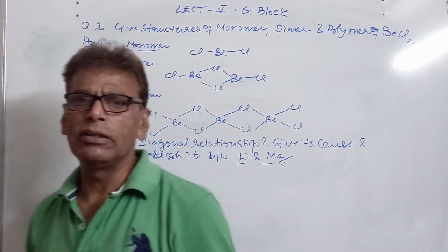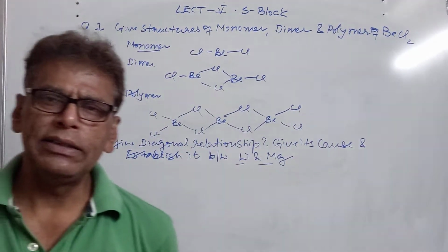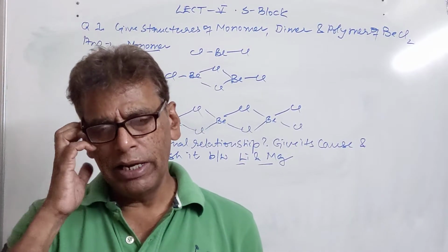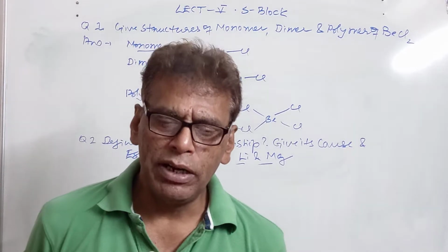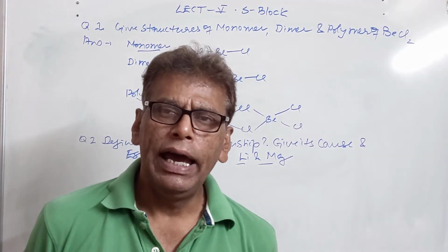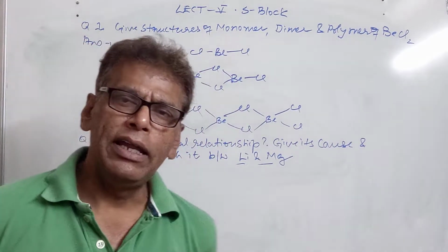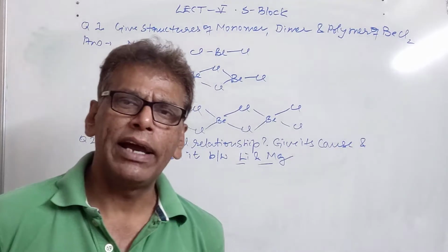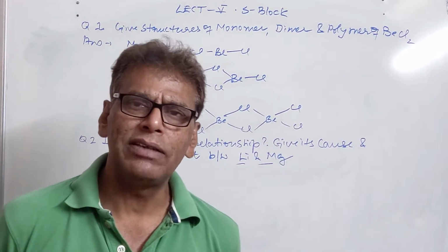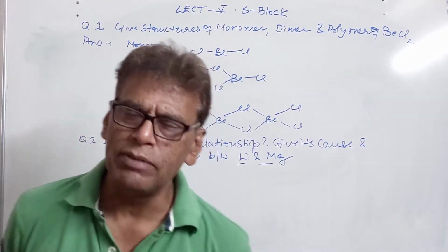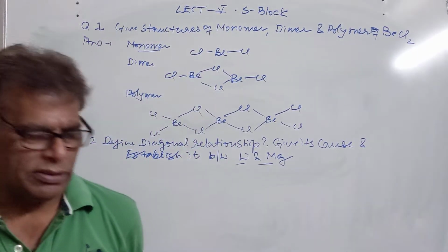So diagonal relationship is defined as the resemblance in the properties of an element of a particular group of the second period and an element of the next group of the third period. The elements of the second and third period which are placed diagonally show resemblance in their properties. This relationship is called diagonal relationship.